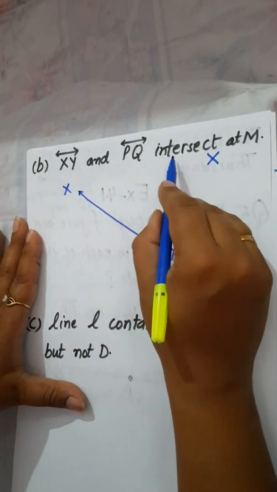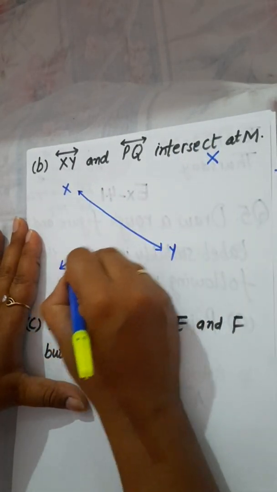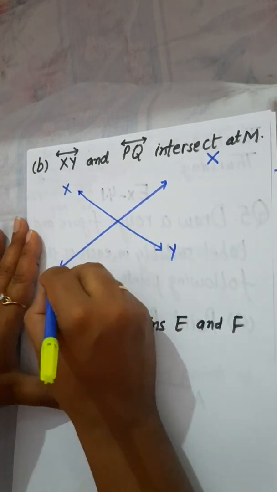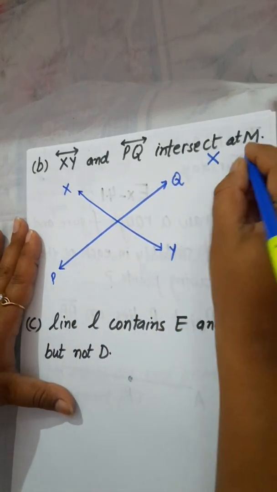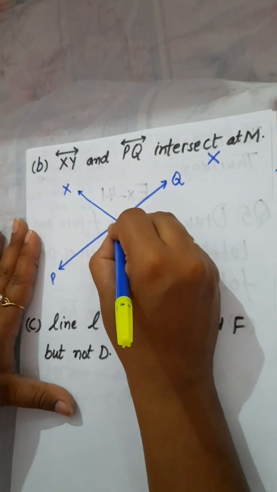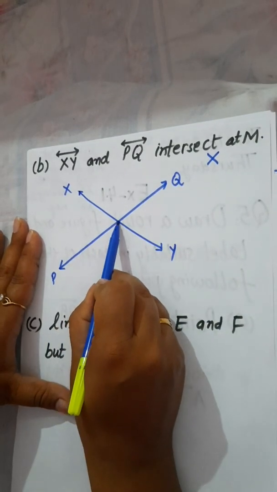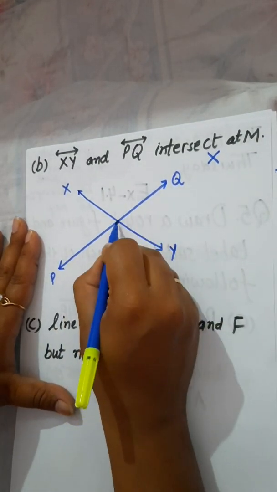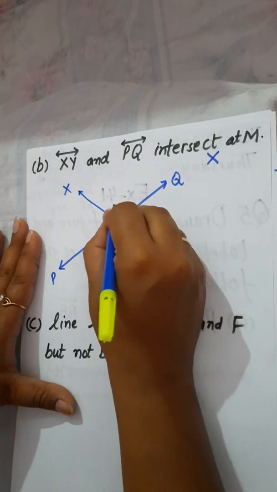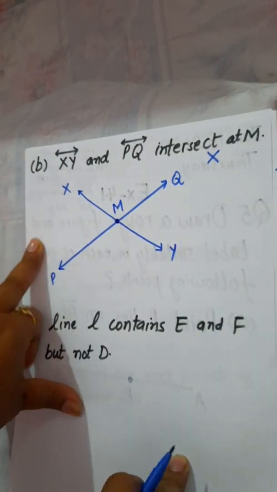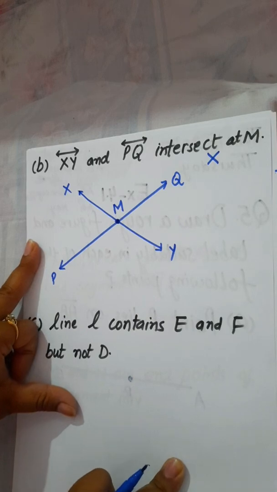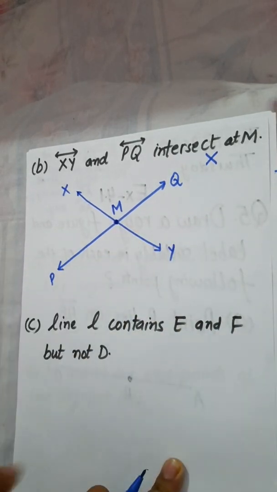Then draw PQ in such a way that they both cross each other. This is PQ and they intersect at M. So this is the point of intersection, and I will write this point as M. So this is the rough figure where XY and PQ intersect at M.